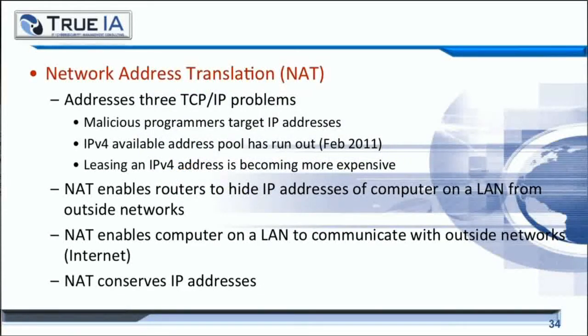Next, we'll talk about NATing, or Network Address Translation. NATing enables routers to hide IP addresses from the internet. Also, because of the scarcity of IPv4 addressing, it allows us to conserve IP addresses.